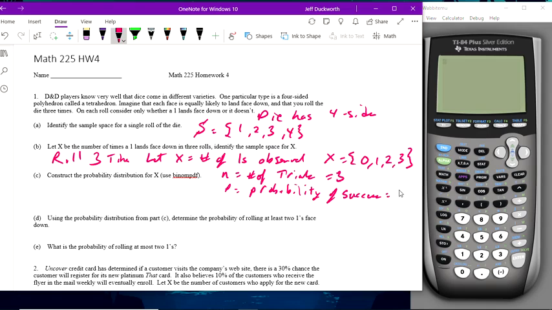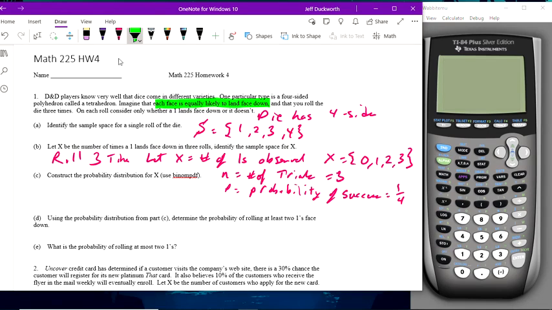Well, that's 1 in 4, or 0.25. There's 4 equally likely. So we're told up here, each face is equally likely to land face down. That means our probability of success is 1 out of the total number, which is 4.